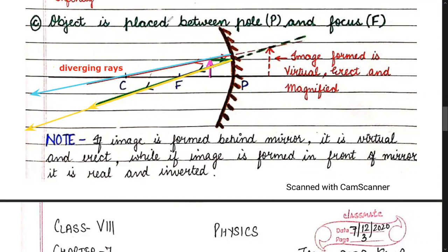And students, whenever you are drawing a ray diagram behind any kind of mirror, whether it is a convex mirror or a concave mirror or a plane mirror also, we have discussed it in plane mirrors, you always have to draw a dotted line behind the mirrors. So there is a point where your reflected rays are appearing to meet.